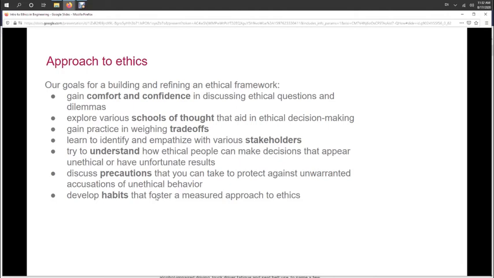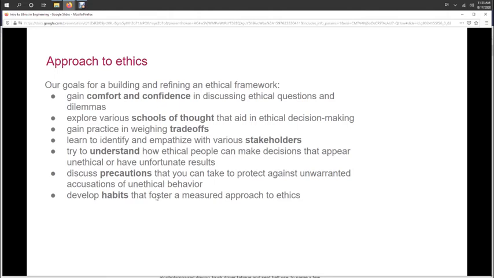So this will be our approach to ethics in the class. This is certainly not a comprehensive list, but I did my best to get the main points. We want to gain comfort and confidence in discussing ethical questions and dilemmas. We will explore various schools of thought that aid in ethical decision making. We will gain practice weighing trade-offs.